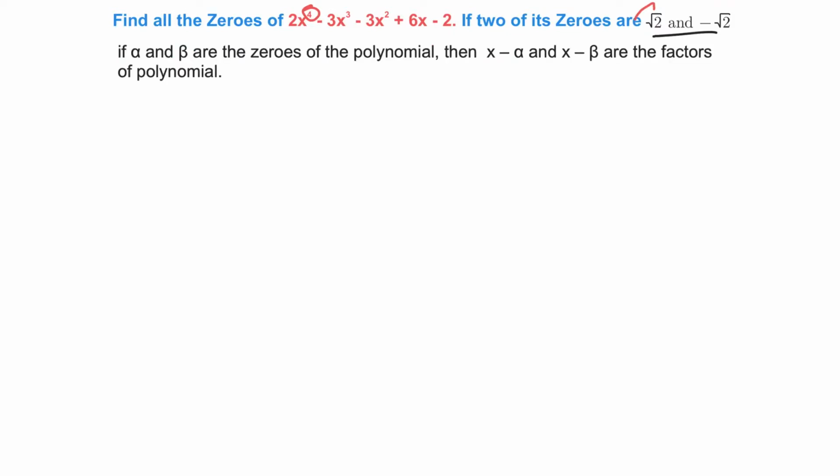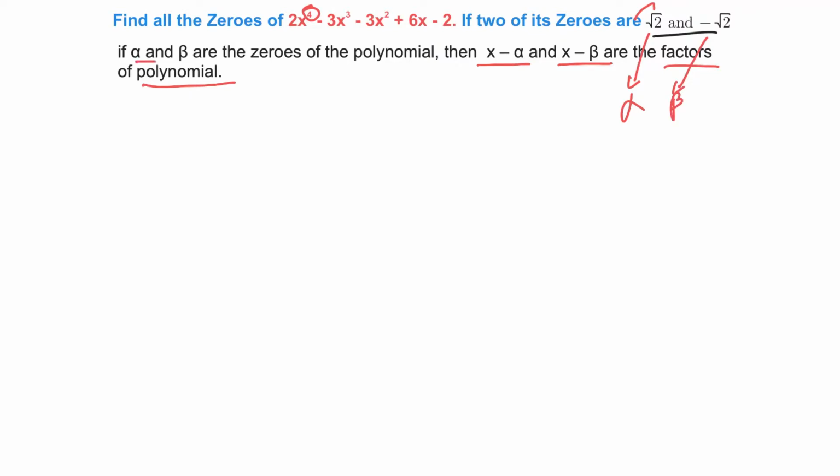Now if alpha and beta are the zeros of the polynomial, then x minus alpha and x minus beta are the factors of the polynomial. Here in this question, alpha is given, that is root 2, and beta is also given, that is minus root 2.